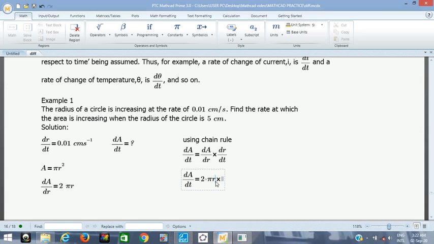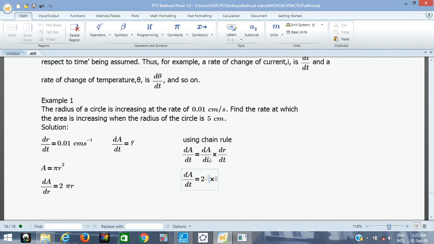So without wasting time, let's put the value of r. The question says we should find the rate at which area is increasing when the radius is 5. So let's just put the values we have here. In maths, we say the constant for pi, except the question wants you to leave your answer in terms of pi. This question did not tell you to leave your answer in terms of pi, so it depends.